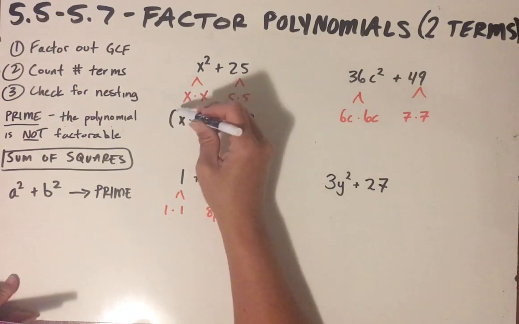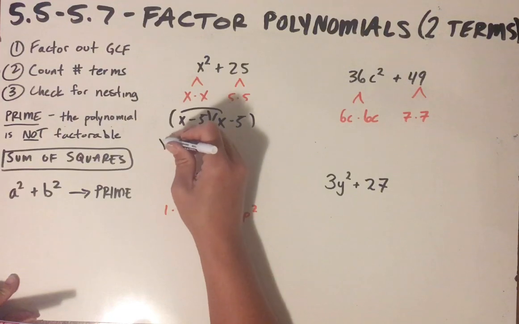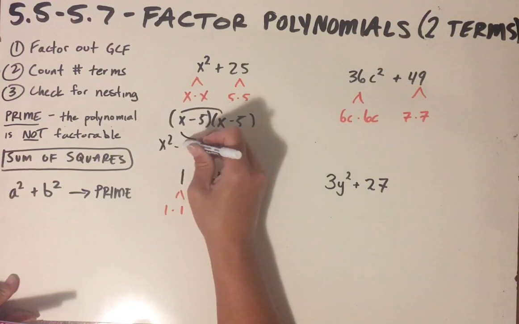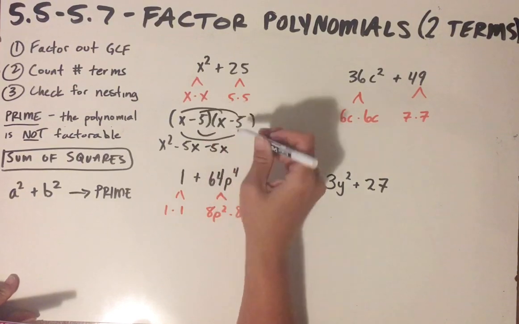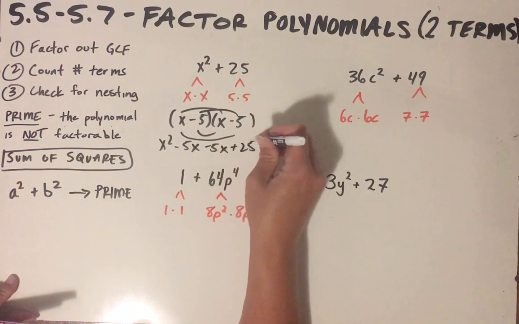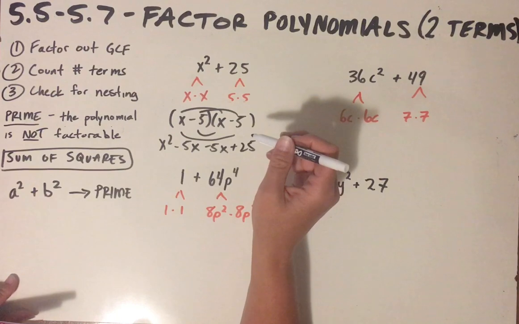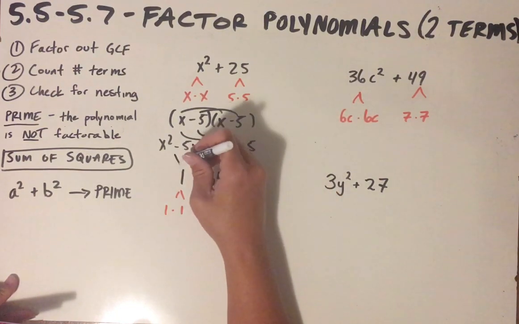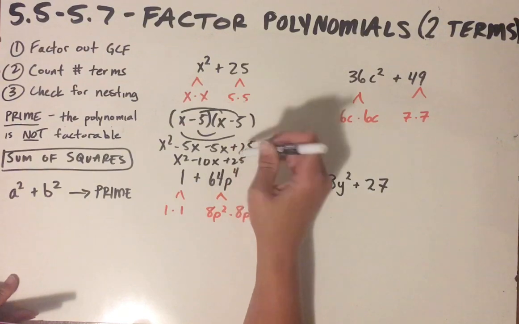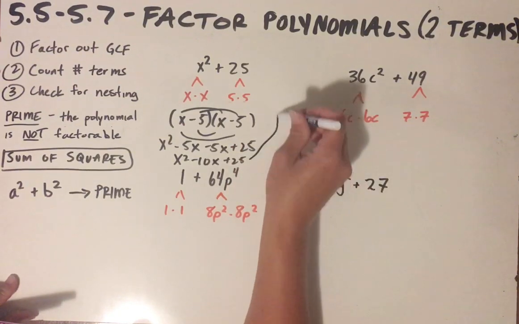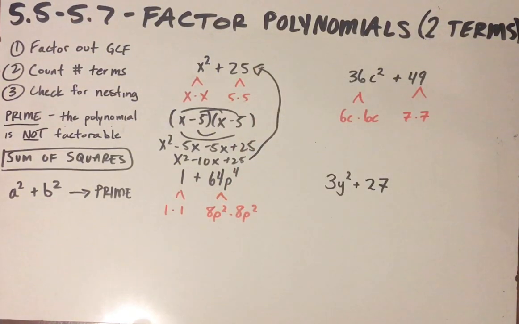If I just FOIL here, I get x squared minus 5x minus 5x plus 25. So that gives me x squared minus 10x plus 25. And dang it, again I didn't get what I started with. The whole point is when you factor something, you should get what you started with, but I didn't get that here.